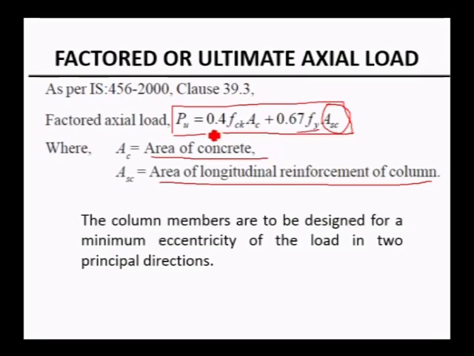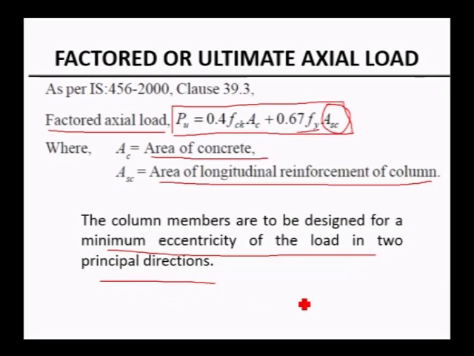This 0.4 fck into Ac plus 0.67 fy into Asc, you will get the factored axial load. Axial load is equal to factored axial load divided by 1.5, because factored load will always be multiplied with a 1.5 working load. Column members are to be designed for a minimum eccentricity of the load in two perpendicular directions.